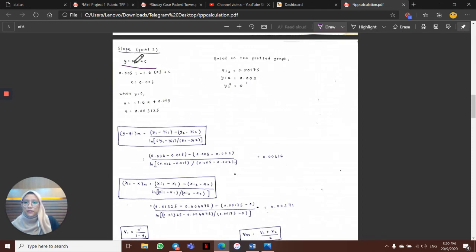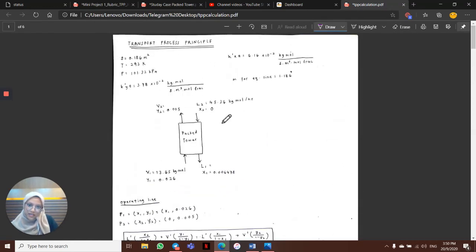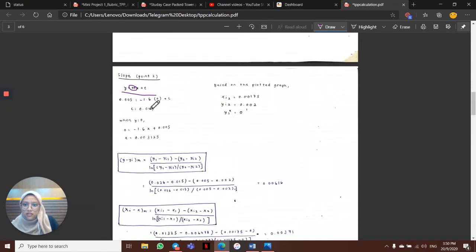For point 2 of the slope, we still use y equals mx plus c and the same gradient, but now we substitute the y value and the x value of point 2 from here. This is the x value and this is the y value of point 2, and you will get a y-intercept of 0.005.